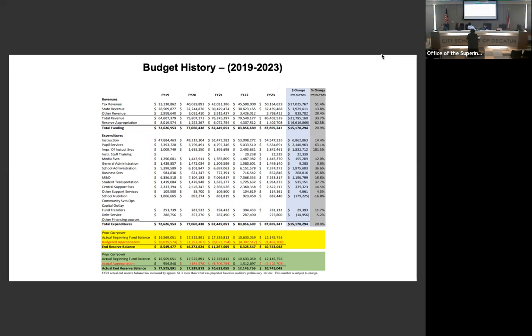In fiscal year 2019, the budget projected $8 million would be needed from the reserve to balance the budget. However, at the end of the year, $956,840 was credited back to the reserve, which increased the fund balance to $17.5 million.